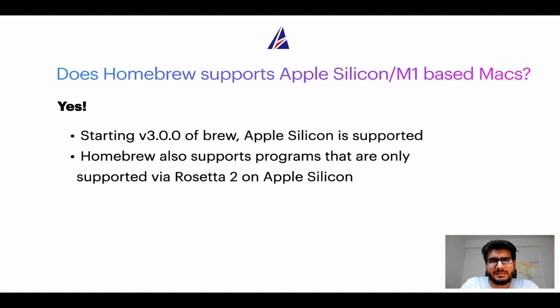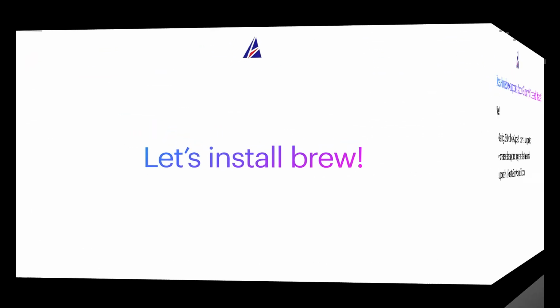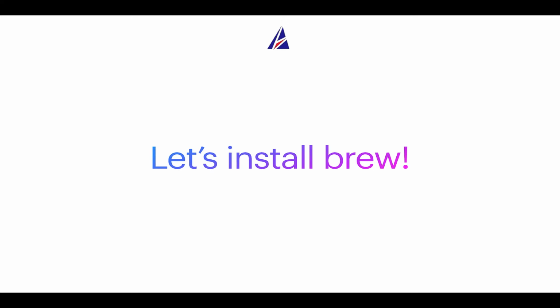Now that I have answered your questions on safety and compatibility of Homebrew, let's get to the installation process. Before we can install anything using Brew, we need to install the package manager itself, that is Homebrew, on your Mac. So let's see now how we can install Brew on Mac.